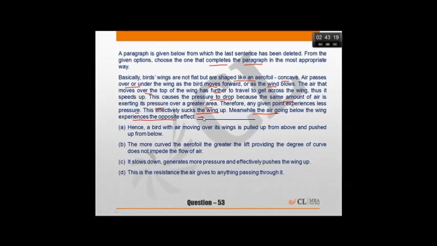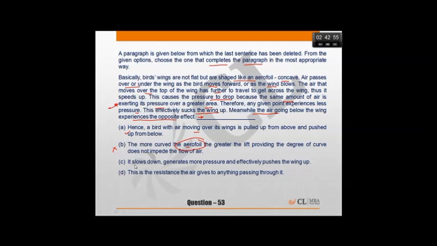This effectively sucks the wing up. Meanwhile, the air going below the wing experiences the opposite effect. So what we should have here is the opposite effect or the output. Choice A: hence a bird with air moving over its wing is pulled up from above and pushed up from below. Could be correct. I am not eliminating it because it is taking the thought forward. Choice B: the more curved the aerofoil, the greater the lift. This is incorrect on account of continuity because this should have come much earlier.